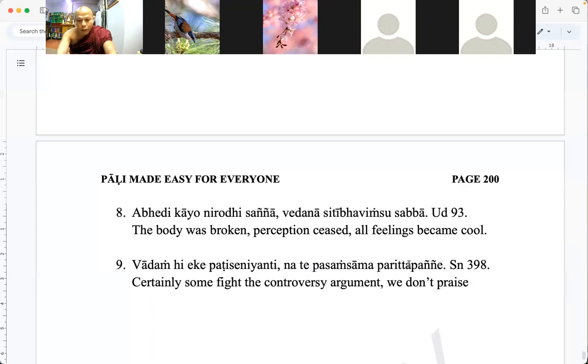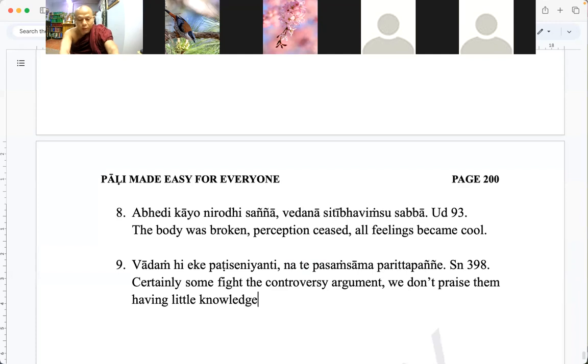So paritabinye means lack of or little knowledge. So we don't praise them, having little knowledge. So in this way it can be understood. We don't praise, because they have little knowledge.